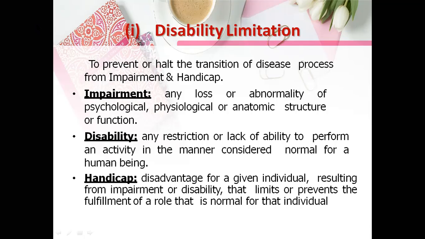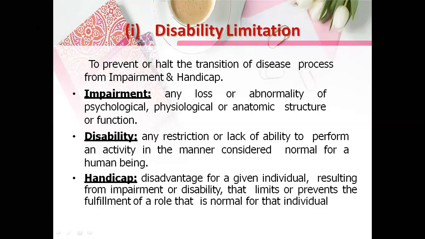It is not necessarily only physical; it might be psychological or physiological. Disability is any restriction or lack of ability to perform an activity in a manner considered normal for a human being. Handicap is the disadvantage for an individual resulting from impairment or disability, which limits or prevents the fulfillment of a normal role for that individual.